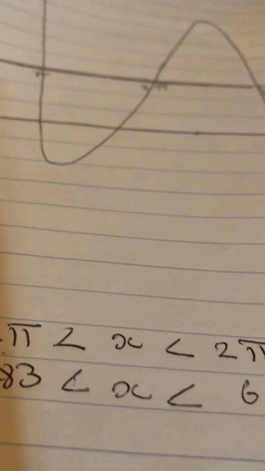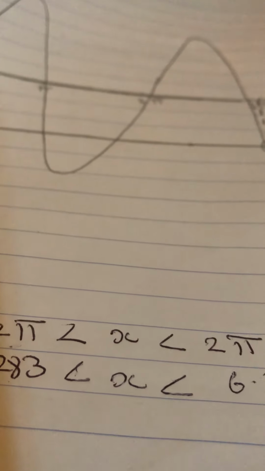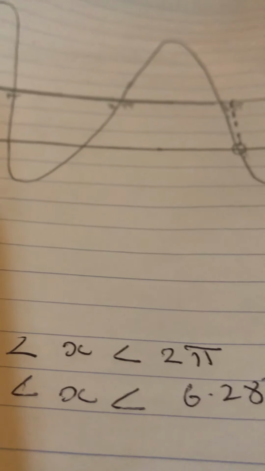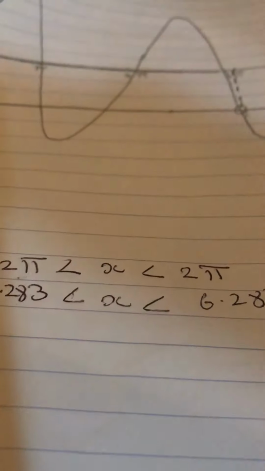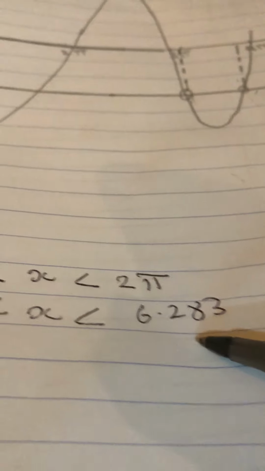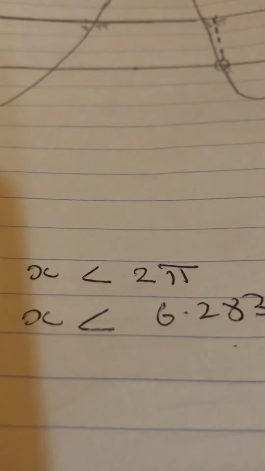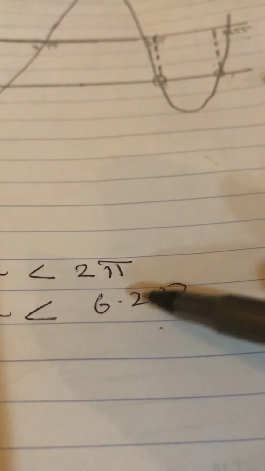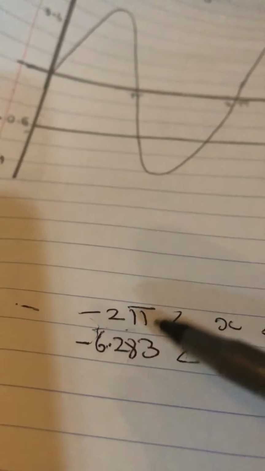So that way any answer you get, which would probably be in decimals, you can always check it with these two figures and see if it fits in. If it fits in, which means, for example, it would be greater than negative 6.283 but less than 6.283, then you know that's a correct solution. And if it doesn't, if it's greater than this figure or less than this figure, you know it doesn't work.